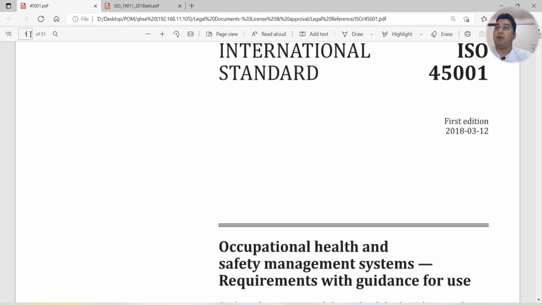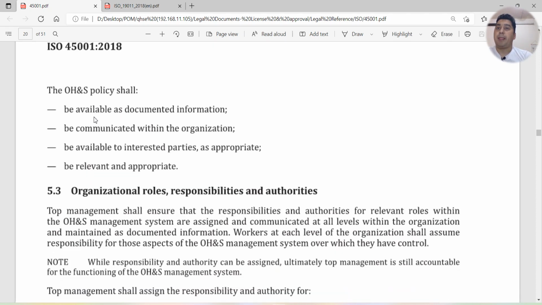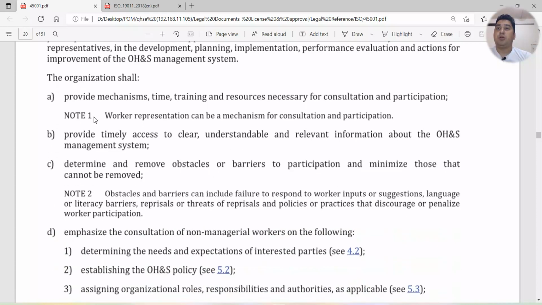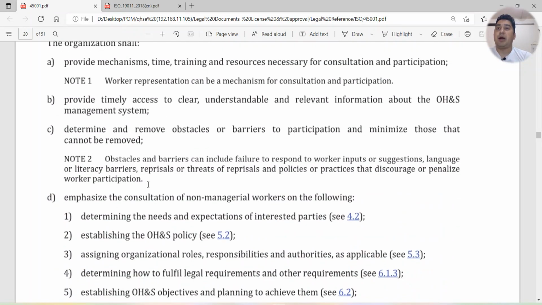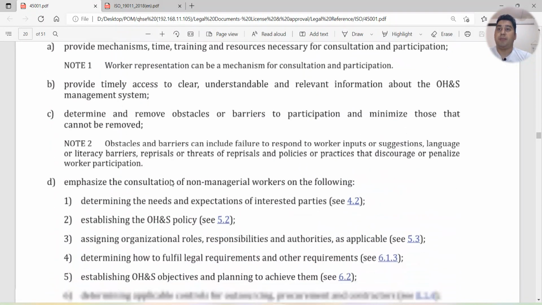We have covered our topic till clause number 5.4, but we haven't completed clause 5.4. So I left the training last time till here: obstacles and barriers regarding the consultation process.